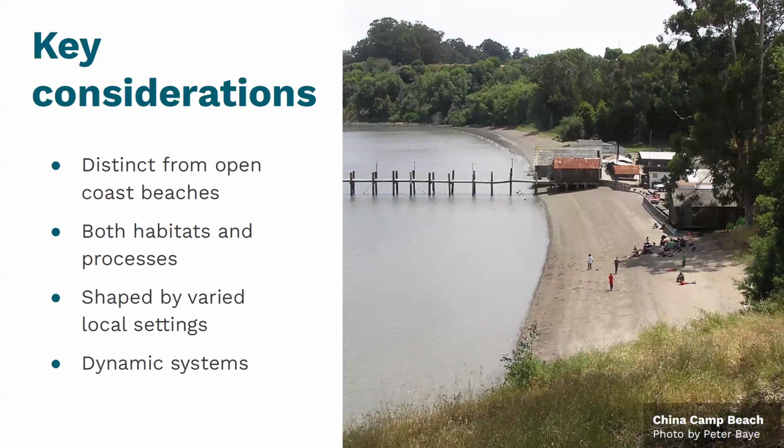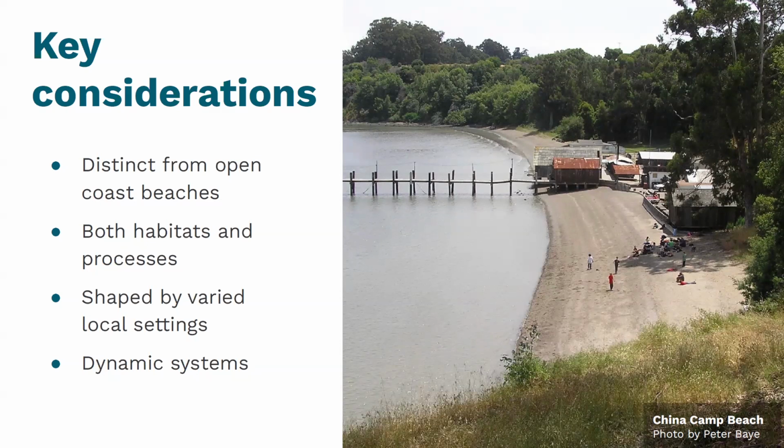Some key considerations that we'll cover in the design guidance are shown here. So Peter will go into much more detail about this, but estuarine beaches are a very distinct form from the coastal beaches that many of you may be more familiar with. Because estuarine beaches are in a more low energy environment where there's smaller waves, the form tends to be quite different than those open coast beaches that you might visit, for example, out at Stinson Beach or Ocean Beach here in our region.